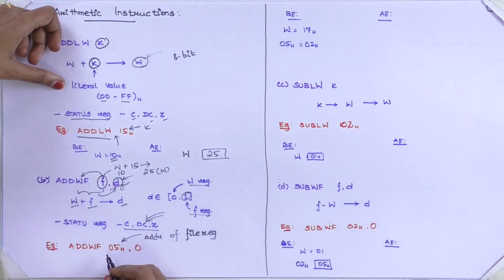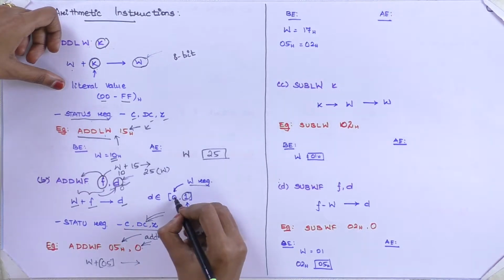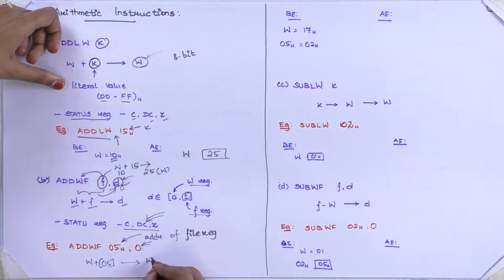It will add the working register value with the value in register 05, and store the result in the destination. Here I have mentioned 0, which means the result will be stored in the working register again.